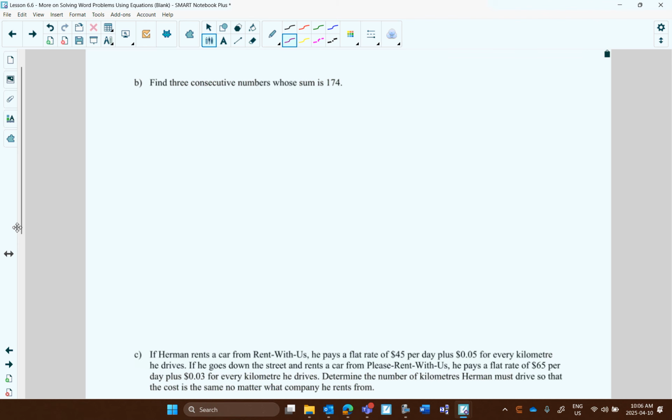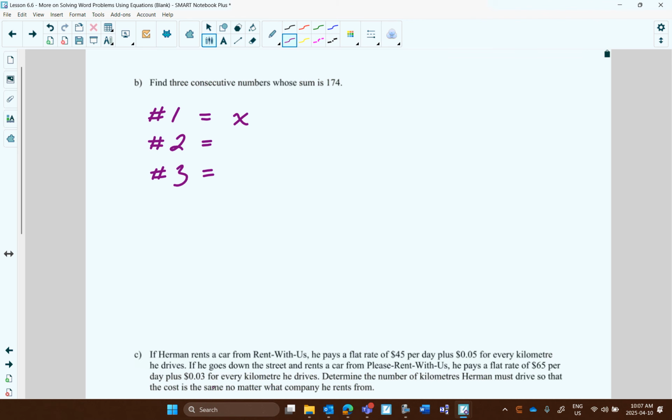So we need to find 3 consecutive numbers whose sum, or they add up to 174. So there's 3 unknowns here. Number 1, number 2, and number 3. Let's call the smallest of them X. How do I get to the next consecutive number?